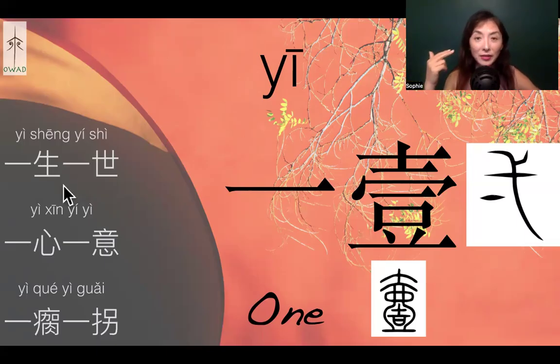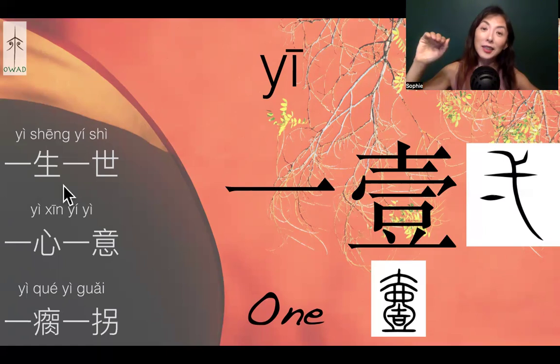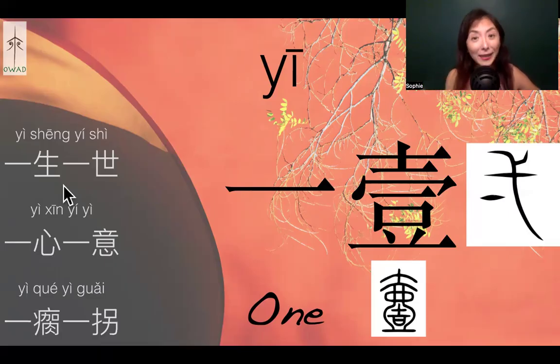So if we pronounce three flat tones together, it sounds robotic. Let's try: 一生一世, right? It's like flat, flat, flat, fall. Versus 一生一世. It gives a little more tonal change so that the speakers have an easier time.